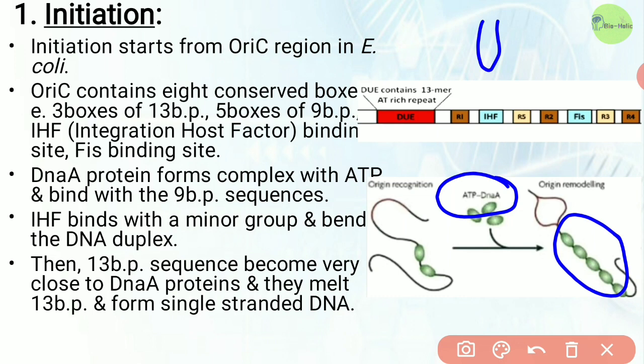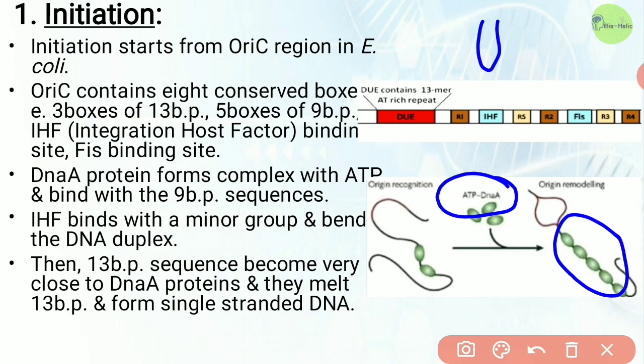Actually, the DnaA protein has helicase activity, which contains Walker 1, that means Walker A and Walker B domains, and here Walker A can bind with ATP. Okay, and DnaA also has the oligomerization domain, so it can recruit new DnaA, and in that way they melt the 13 base pairs or 13-mers, and the 13 base pairs become single stranded.